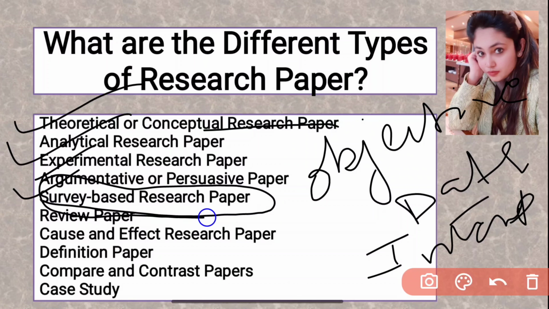That is the most common type of research paper that we write, especially in social sciences, right? Next we have a review paper, then cause and effect research paper, definition paper, compare and contrast paper, and lastly the case study. We are going to study all these types of research papers one by one with the help of examples, right?